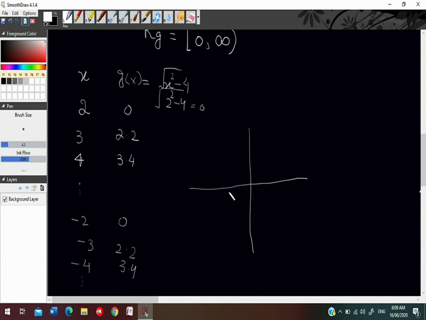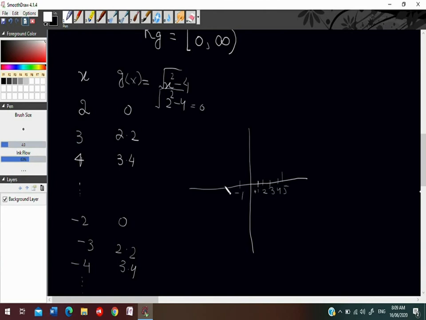As we made a graph in our previous question, similarly you can plot a graph for this question. You select the scale and give some values: 1, 2, 3, 4, 5, and -1, -2, -3, -4, -5, and so on.